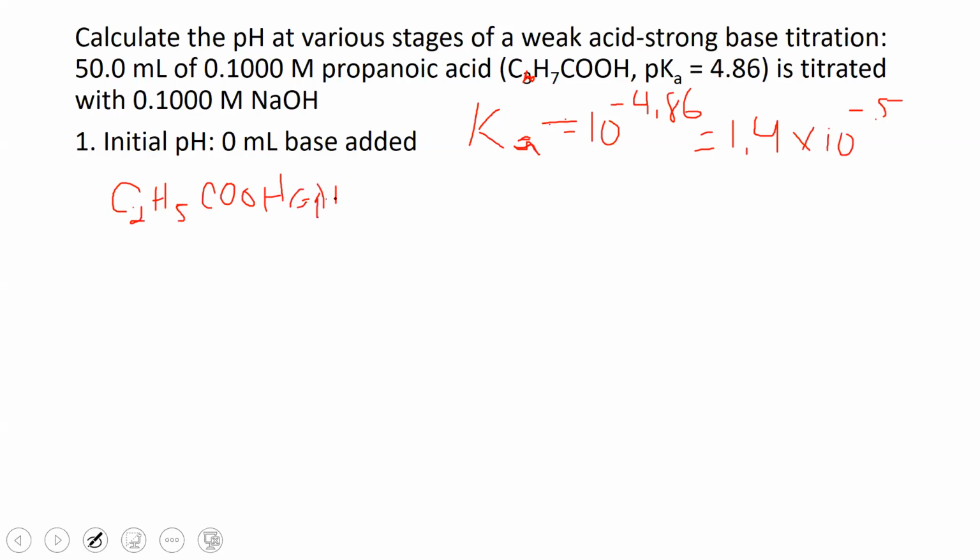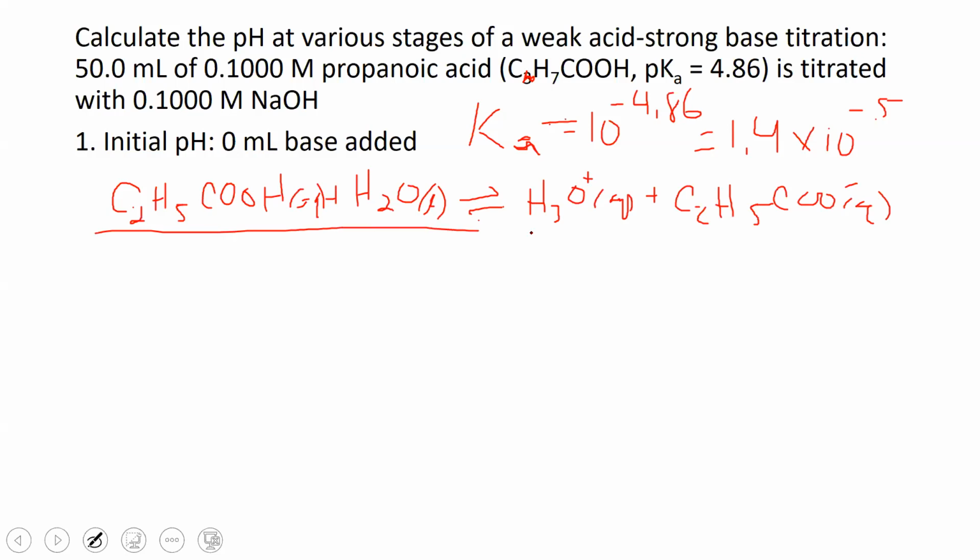Aqueous plus H2O, liquid, reacts to form hydronium, aqueous plus propanoate, C2H5COO minus aqueous. Okay, and so we'll just start in with this icebox here.